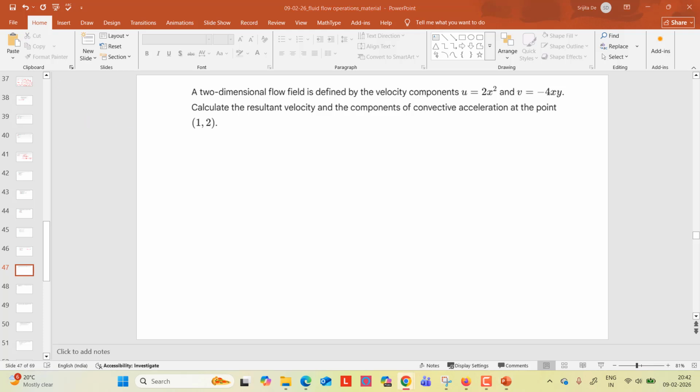Very easy. u equals 2 into 1 square, that is 2 units per second, and v is minus 4 into 1 into 2, so minus 8 units per second.